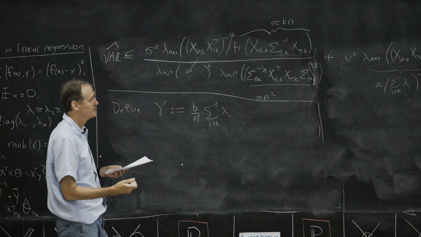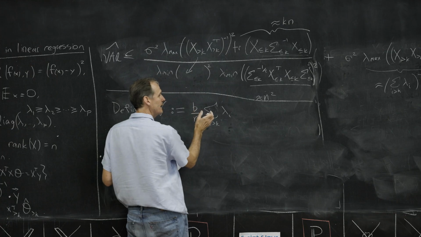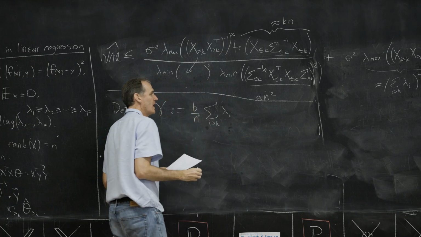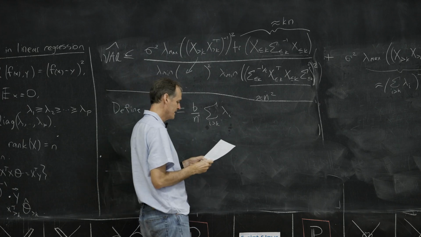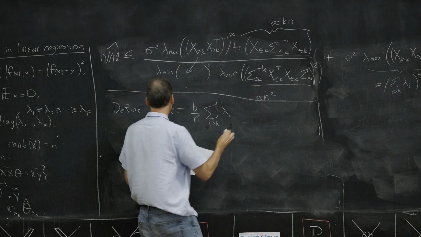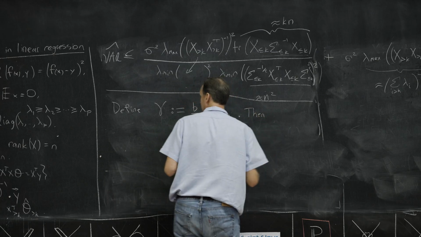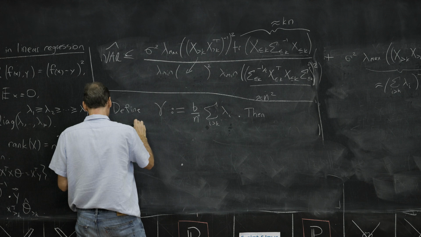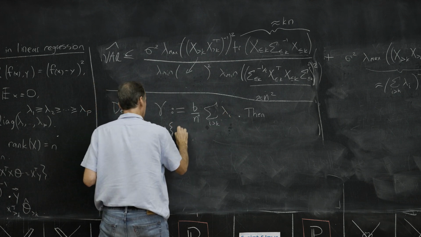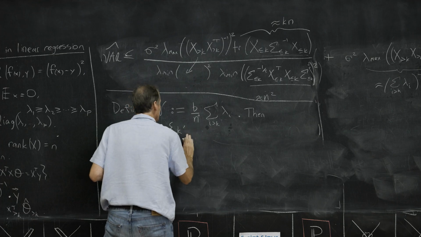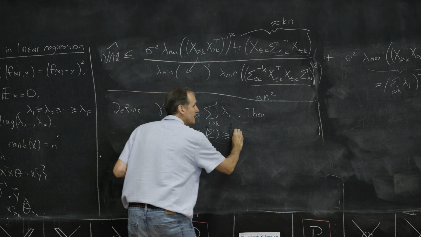We choose k as the smallest one for which b times n is smaller than the ratio of this to lambda k plus 1. So define this, then k equals the minimum value of k prime such that this effective rank at k prime is at least b times n.